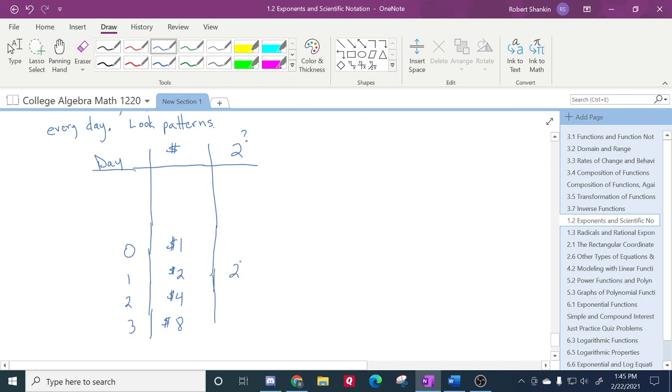Now these things I can easily write. 2 is 2 to the first. This is 2 to the second. This is 2 to the third. Alright, now when we look for patterns, we have to try to make this a logical situation. What if I had invested my money one day earlier so that I was right on track with everybody else? One day earlier, I'll call that day -1.